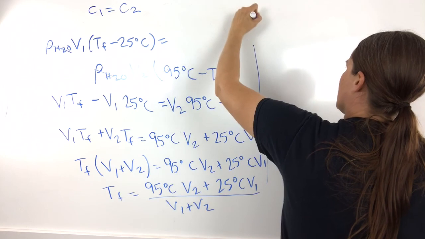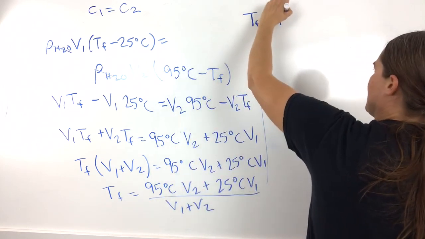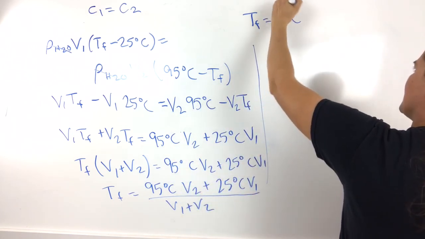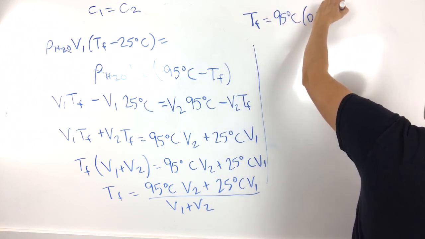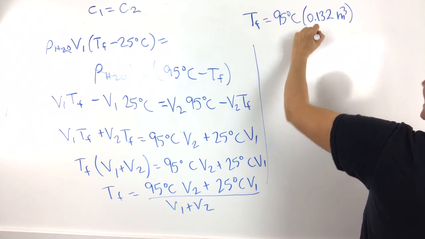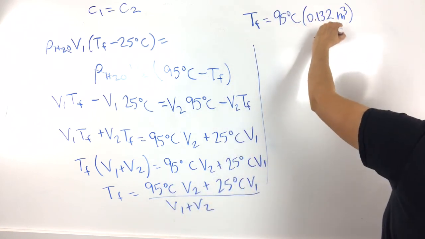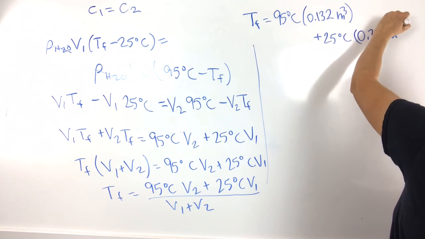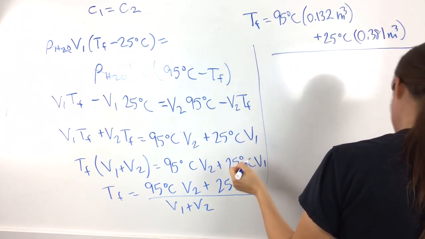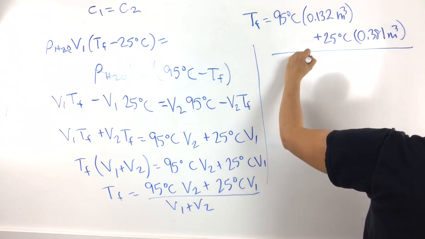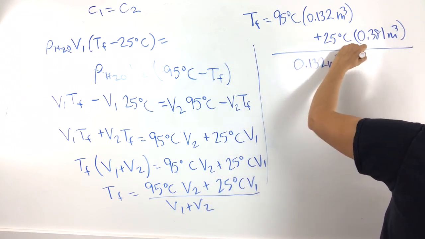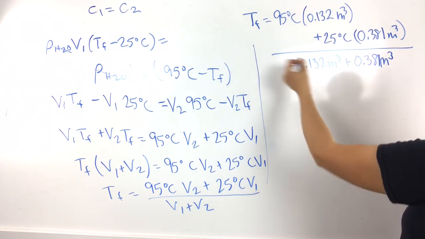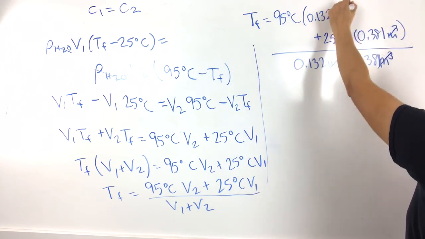I have the temperature final is equal to 95 degrees Celsius, multiplied by V2, which is 0.132 meters cubed, plus 25 degrees Celsius, multiplied by V1, which was 0.381 meters cubed, and then this is all divided by V1 plus V2, so 0.132 meters cubed plus 0.381 meters cubed.